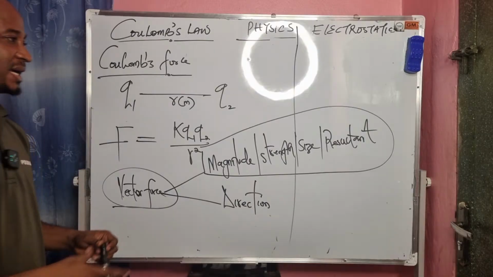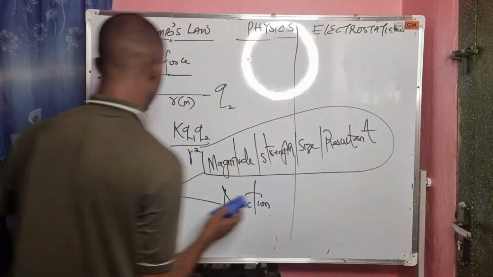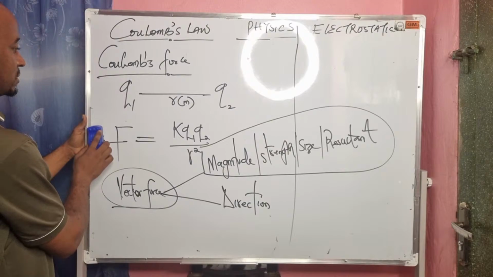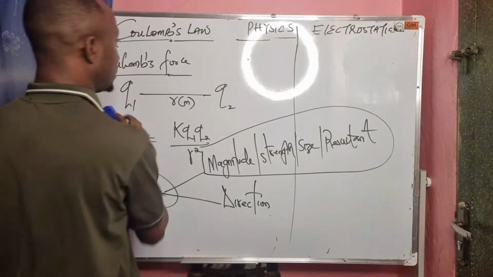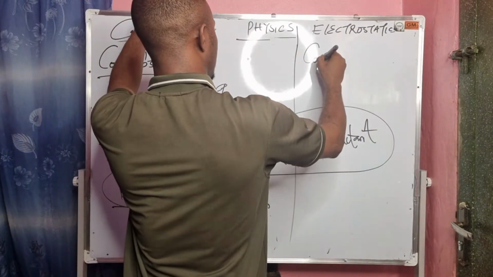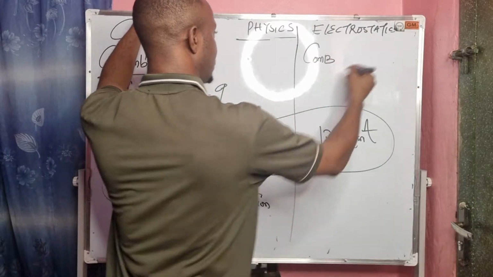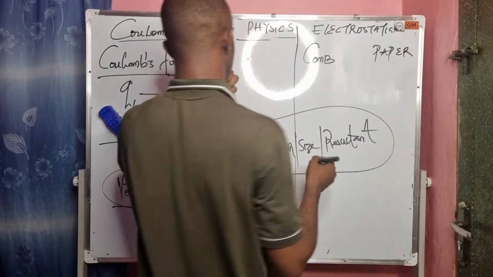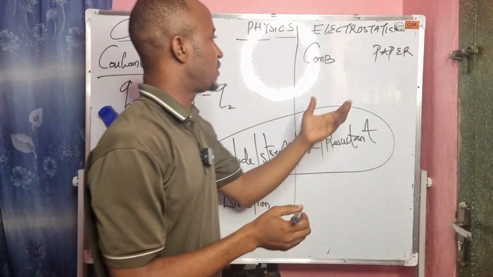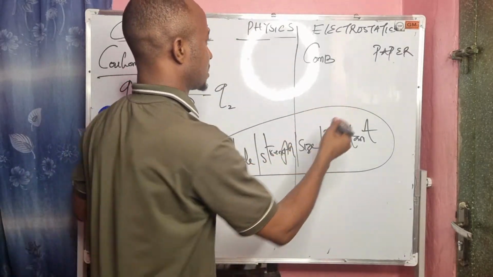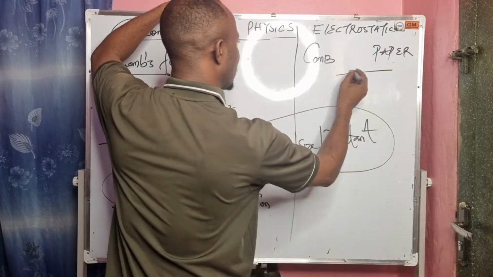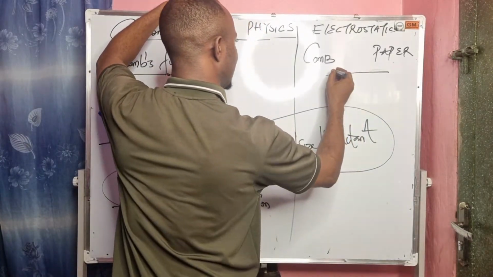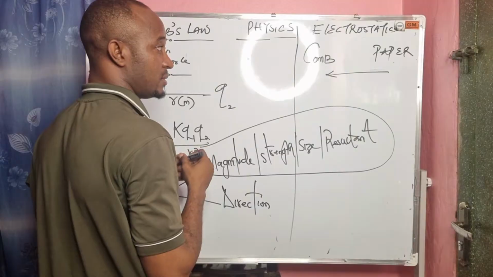All right? Like I gave an illustration between the comb and the piece of paper. What we notice, the force of attraction moves towards what? That of the comb, right?